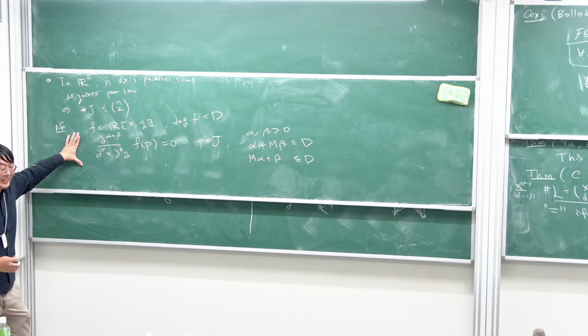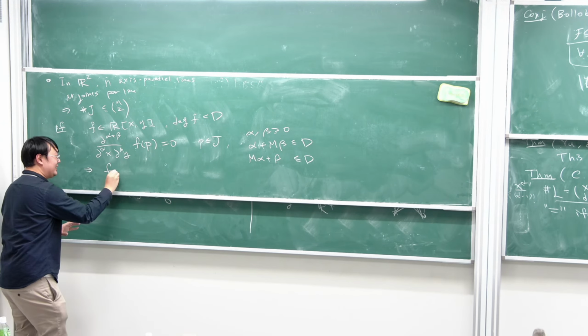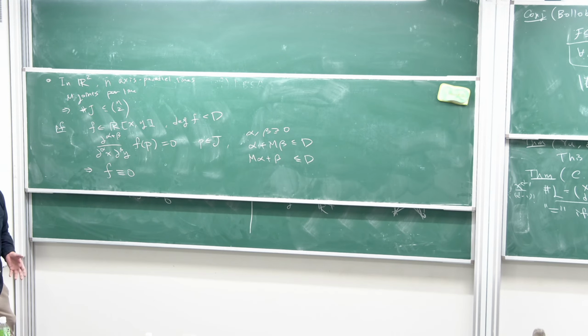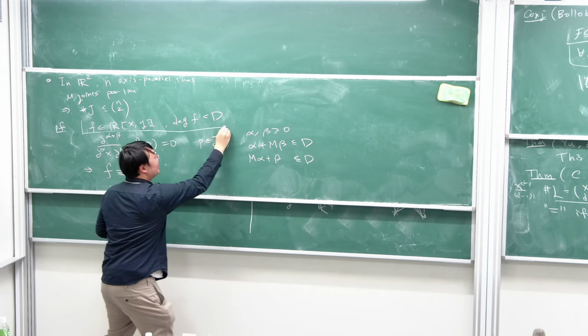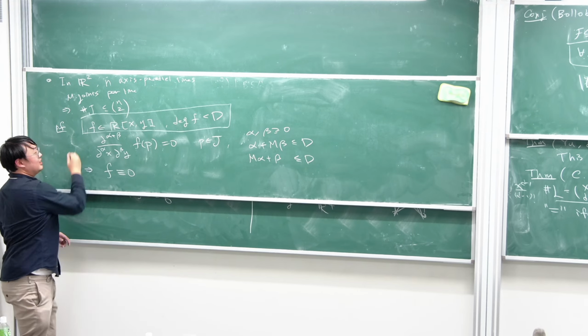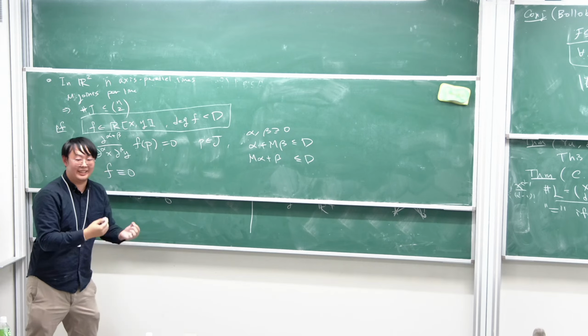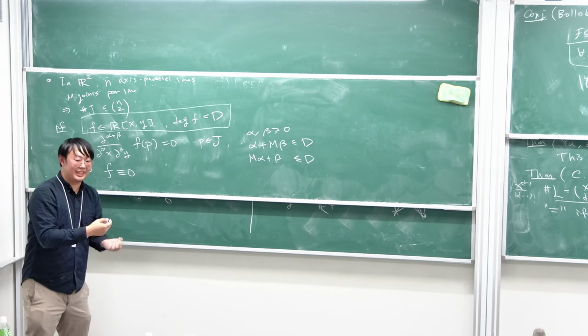If I can prove that all these conditions tell me that f must be the zero polynomial, then I can do dimensional counting. Because this is a vector space: you take any two polynomials of degree less than d, add them together, and you get another polynomial, and you can do scaling.